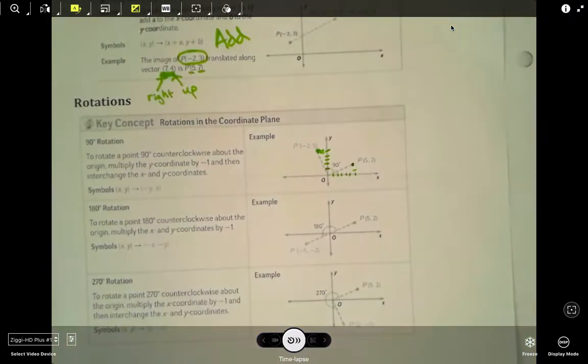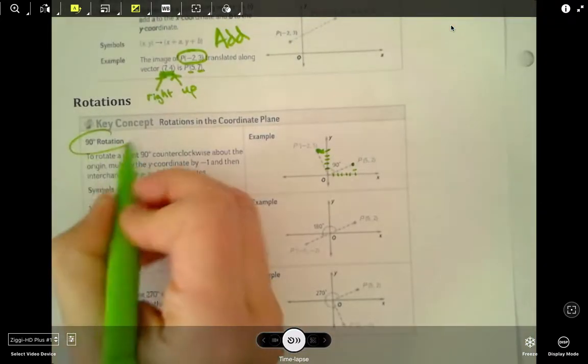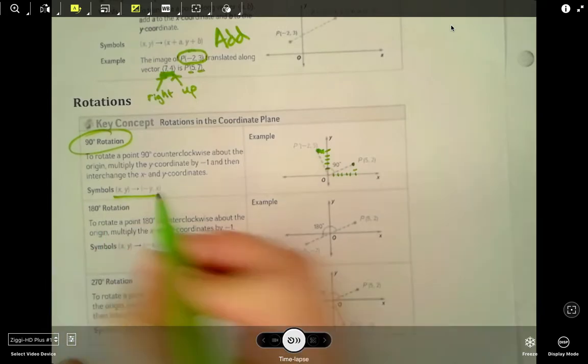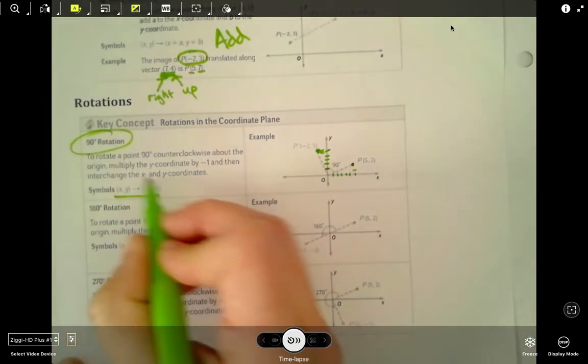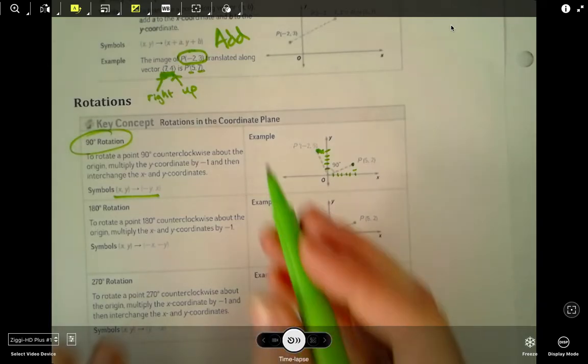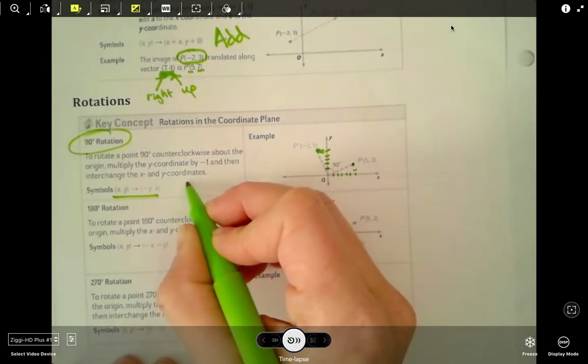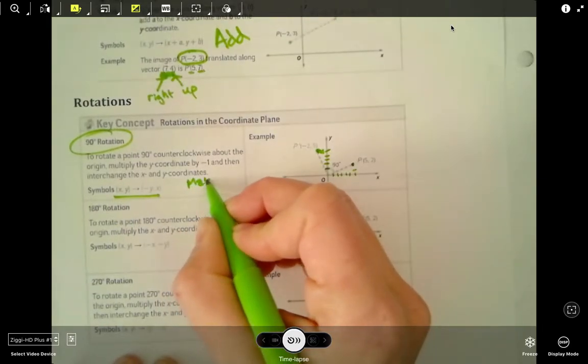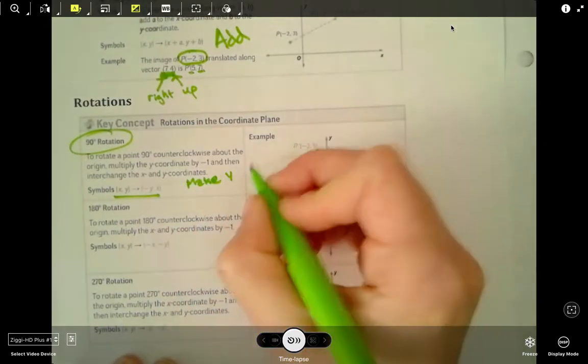But what does it do to my coordinates if I'm rotating 90 degrees? What does this rule right here say? XY becomes what? Negative y and then x. So what have I done to my coordinates? Yep, make y negative.